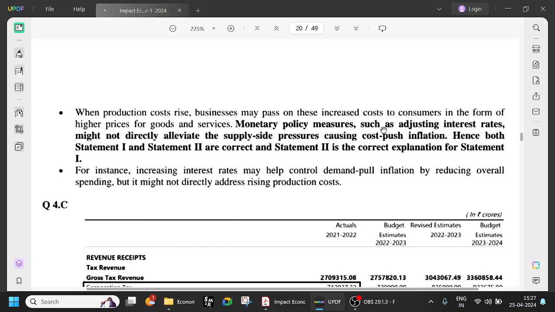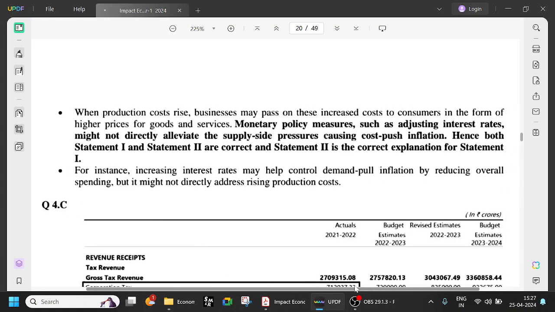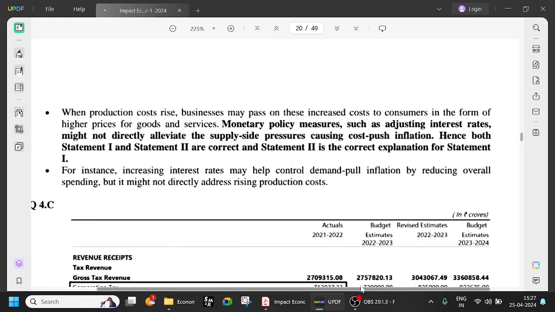So monetary policy measures such as adjusting interest rates might not directly affect the supply side pressures. Changing the interest rate will not affect the raw material cost, right?